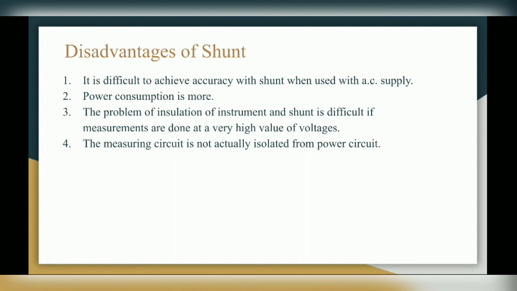And fourth and main point is the measuring circuit is not actually isolated from the power circuit. So this is the main problem while using the shunt for range extension, that is, the measuring circuit is not isolated from the power circuit. So these are the various disadvantages of using the shunt.